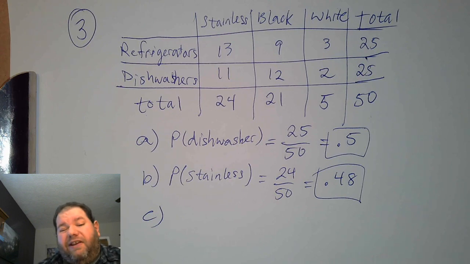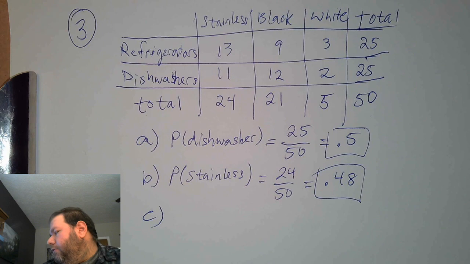Now, C, D, and E all incorporate multiple scenarios, but we have to pay attention to which type it is. For C, the probability an appliance selected is both white and a dishwasher.